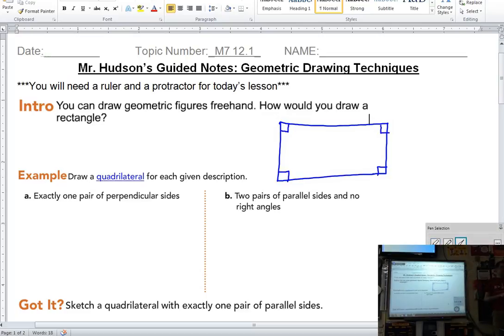How do we show that lines have the same lengths as each other? How do we show congruence? Yeah, but what if we can't measure? Like, what if I don't have a ruler? Reagan?